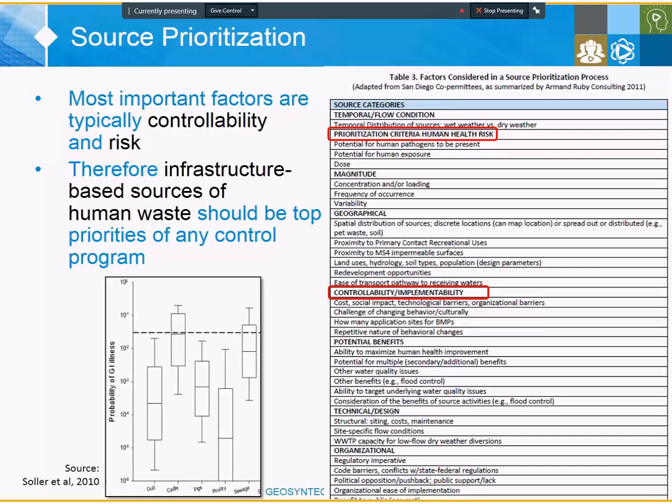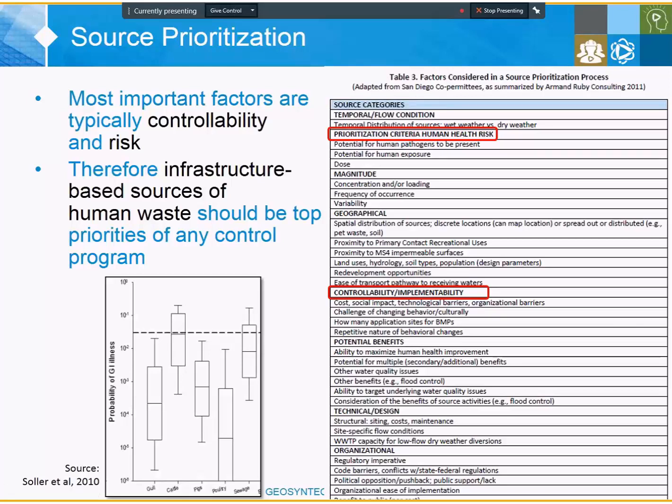And I think it's pretty well understood at this point that human waste, as shown here in this QMRA publication by Jeff Soller back in 2010, sewage is the greatest source of risk among non-human sources. An exception here is with cattle. I guess there's just a lot of human pathogens found in cattle waste.